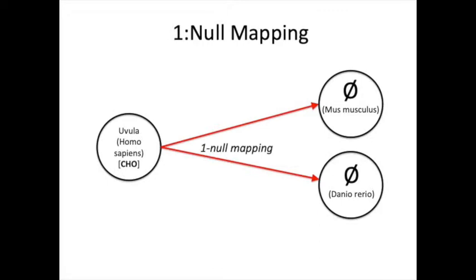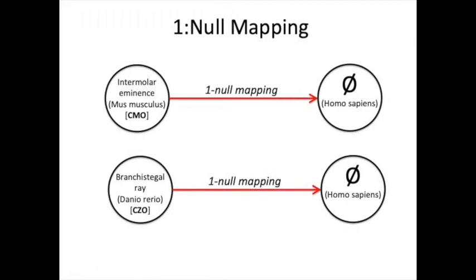Then there's one-to-null mapping, where a structure is present in the human but not in the mouse or the zebrafish, in this case the uvula. This can go in the other direction, where the intermolar eminence in the mouse is not present in the human, and the branchiostegal ray in the zebrafish is not present in the human.